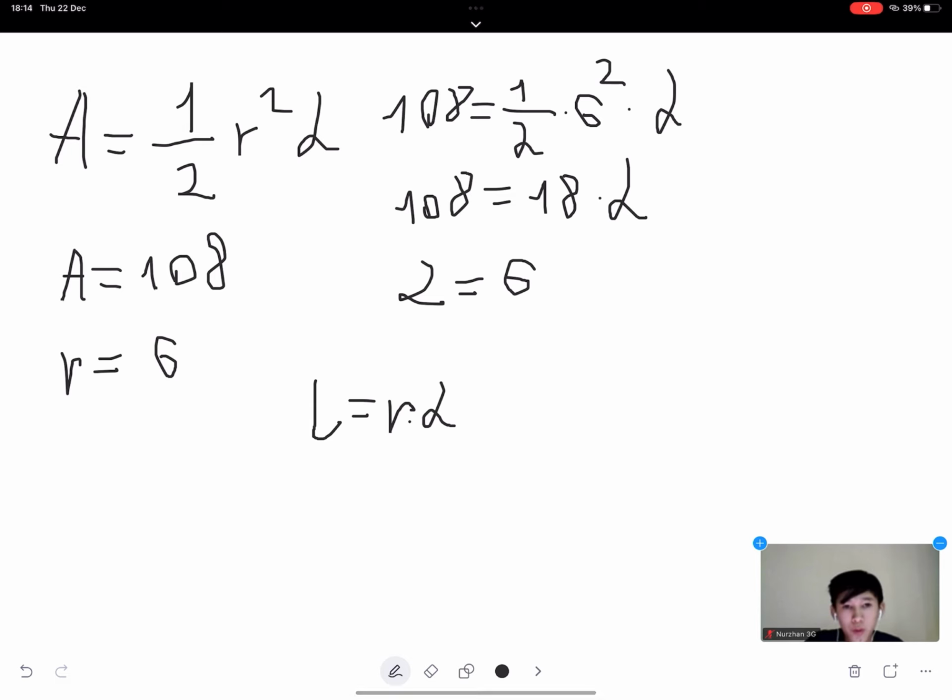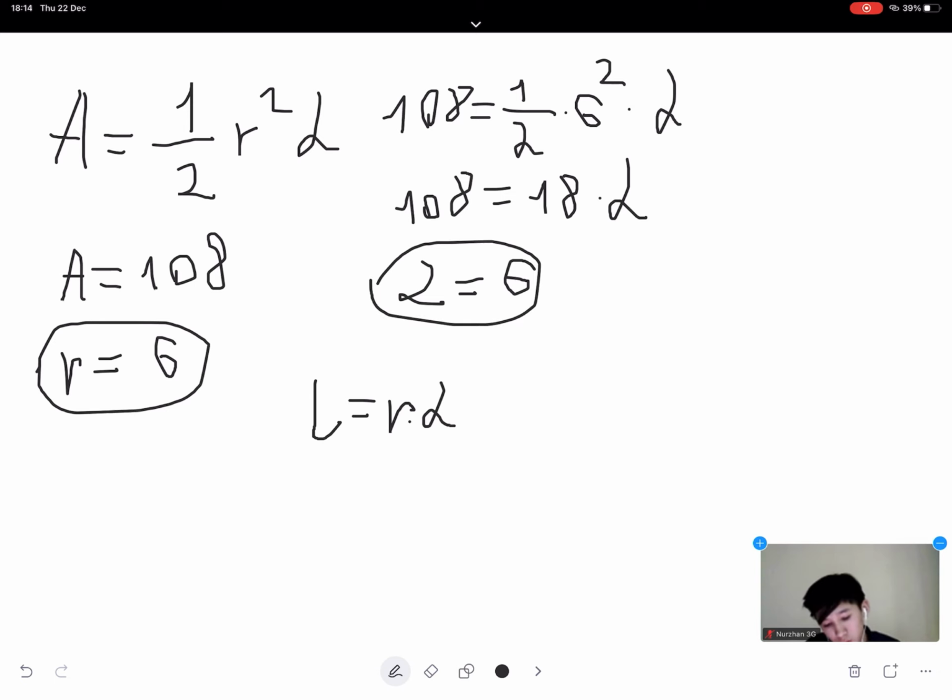Yes, and therefore we can substitute R is equal to 6 and alpha is equal to 6, and L is equal to 6 times 6.